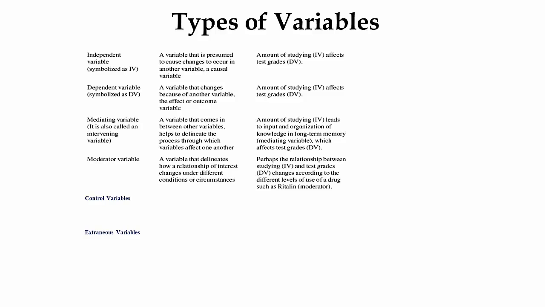This is why we'll call the use of that drug a moderator variable, not a mediating one. The mediating one is directly affected by the independent variable, and it directly affects the dependent variable.